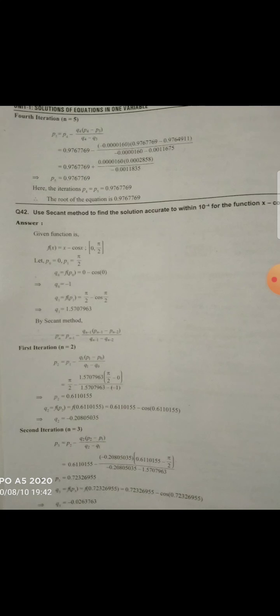After simplifying, we get the value P3 is equal to 0.72326955.